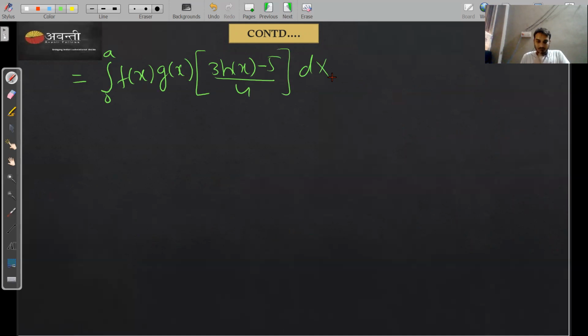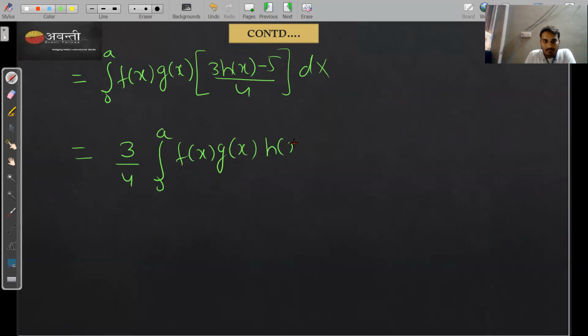Yes or no? Okay. So now break this. So what you get? You get 3 by 4 times the integration from 0 to a of f of x, g of x, h of x minus 5 by 4 times the integration from 0 to a of f of x, g of x, right? And dx is also there. Okay.